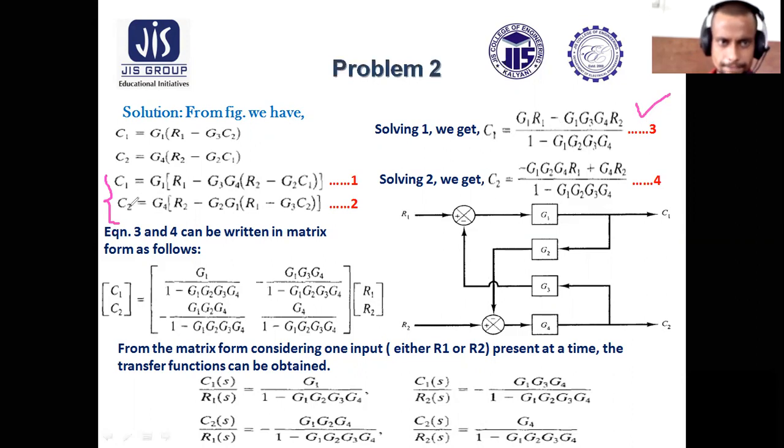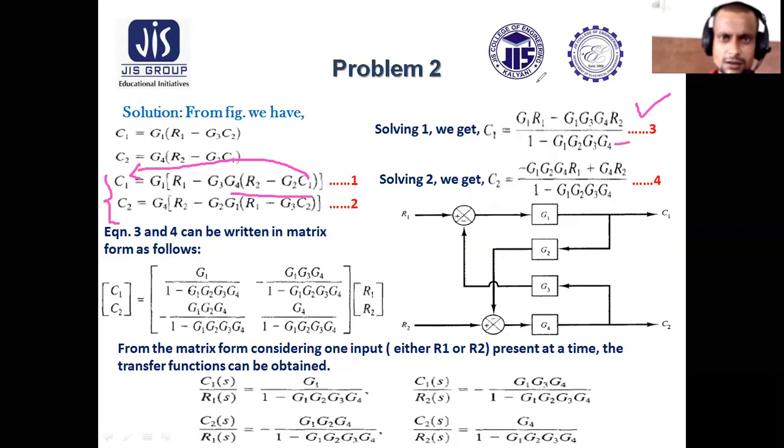See here, we have this G2 G3 G4 G2 into C1. This C1 part will be moving here and will be coming as division.